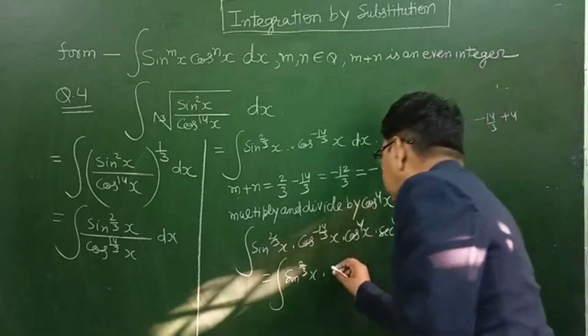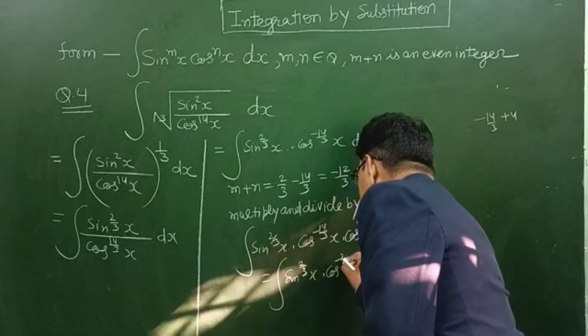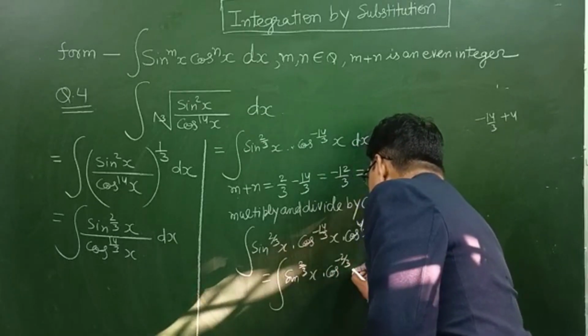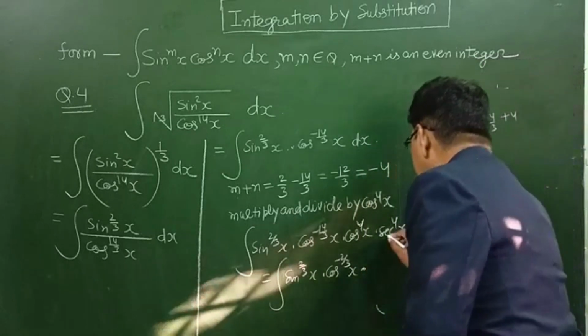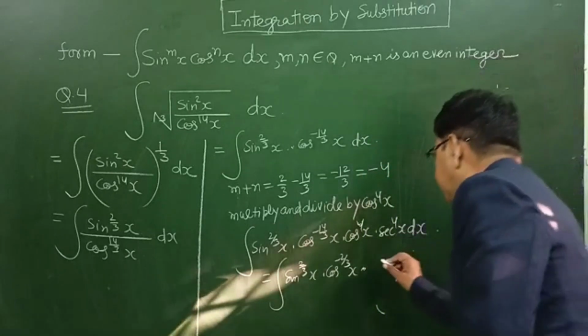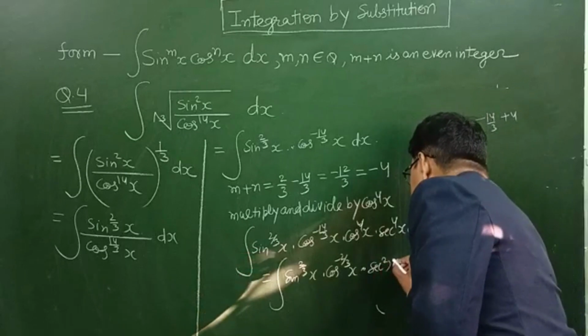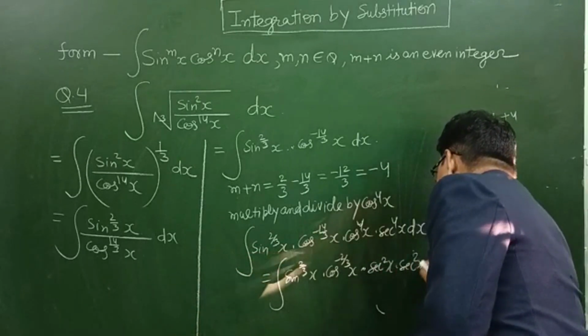So cos of minus 2 upon 3x dx into sec 4x. Sec 4x we will separate it: sec square x into sec square x dx.